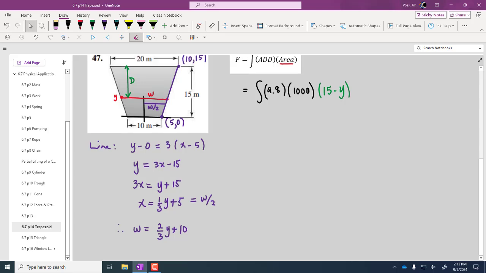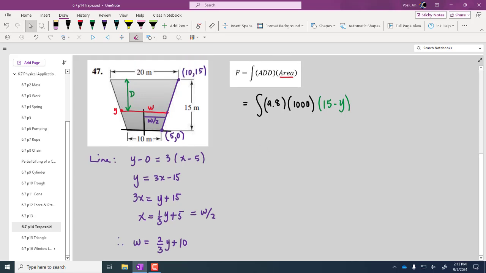A skosh more work. So over here, area, we have 2/3 y plus 10 multiplied by dy. So that is going to be the area. D, the second D, that's that one.